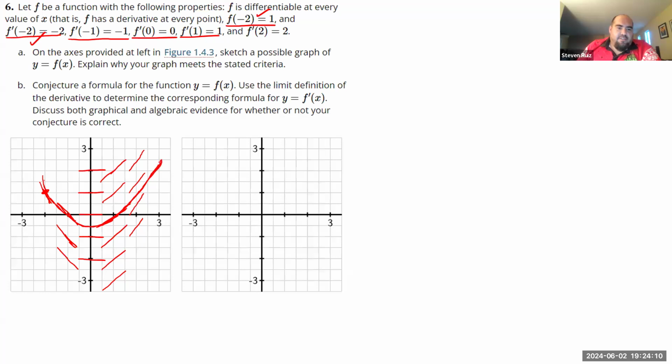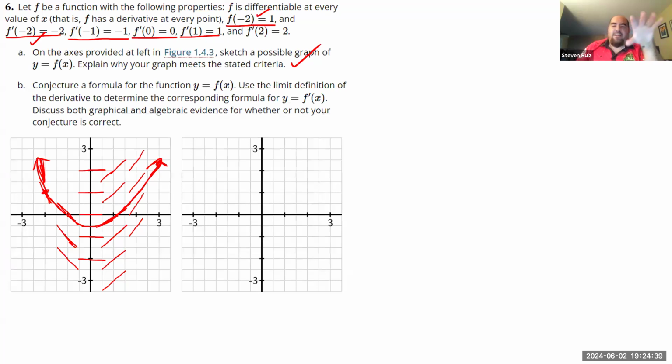So here is what I have for part A. This very much looks to me like it's going to be a parabola opening upwards. Based on my slopes, it looks like it crosses the y-axis at negative 0.5.